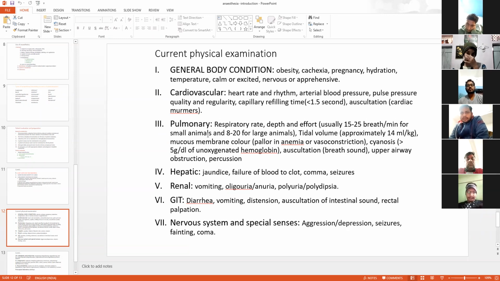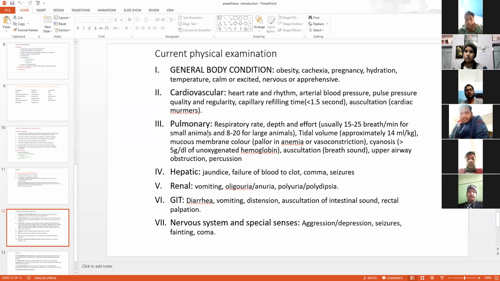If the animal is having arrhythmia and you are going to administer any drug which has a deleterious effect on the cardiac system, then try to evaluate these things also. Pulmonary: respiration rate, tidal volumes, depth and effort, whether the animal has restrictive inspiration or restrictive expiration. This is also very important.